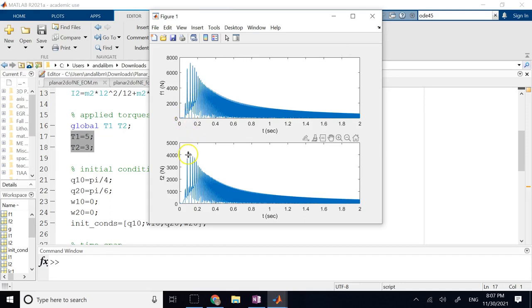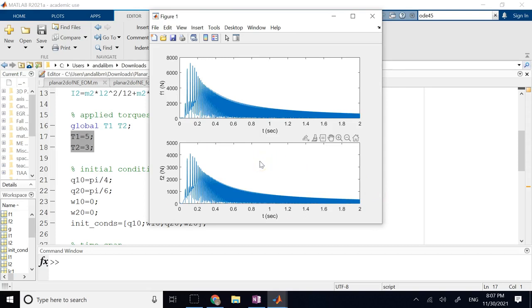And the same thing for F2, it also goes above 4,000 newtons. Okay, so definitely the load is variable, so you definitely will see fatigue in those joints that are subjected to the forces F1 and F2.